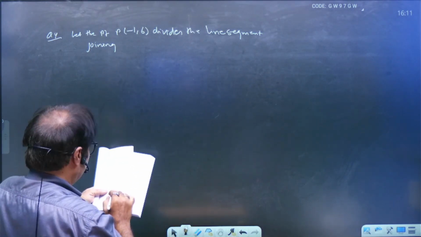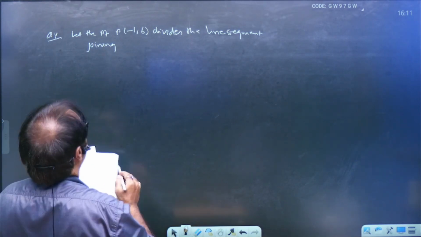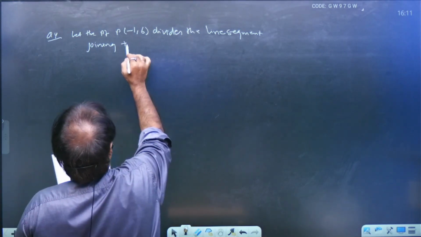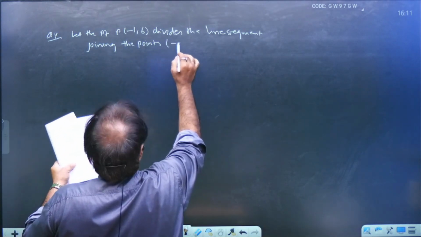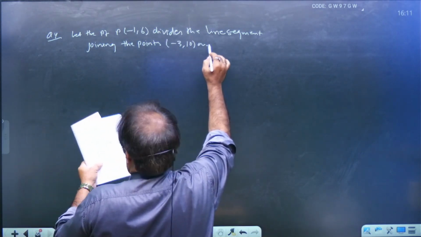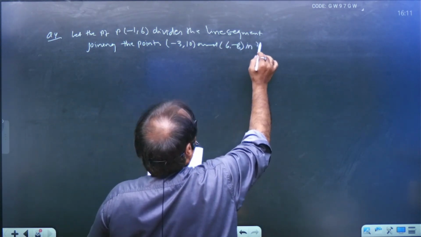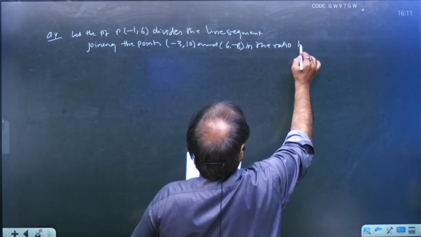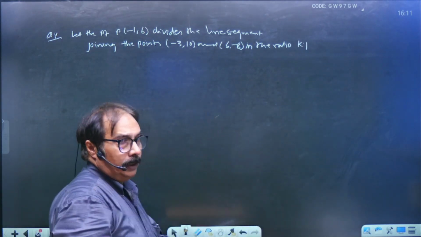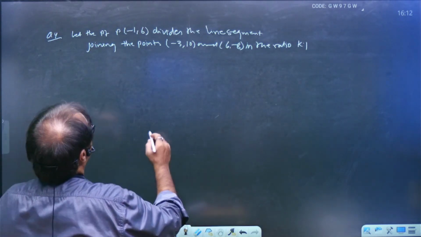Let the point minus 1, 6 divide the line segment joining the points minus 3, 10 and 6, minus 8 in the ratio k is to 1, right? Always take k is to 1, right?